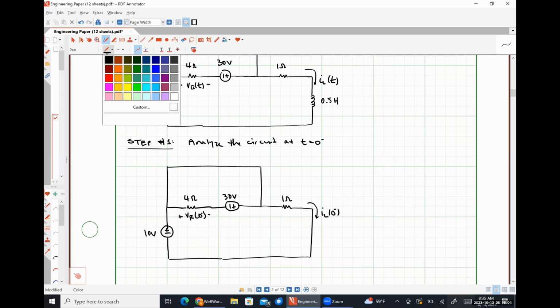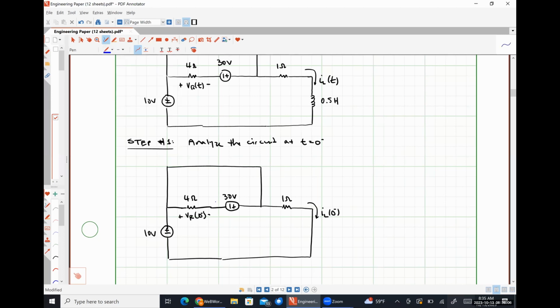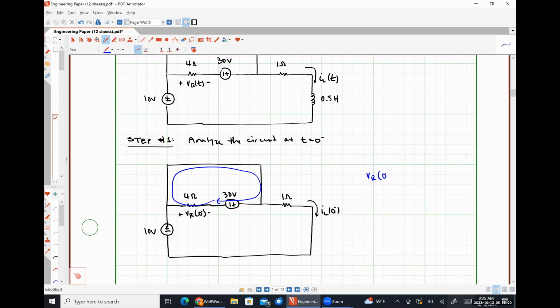If we were to do Kirchhoff's voltage law around this loop, we would see that VR minus 30 volts is equal to 0, which means VR has to be equal to negative 30 volts. Are we okay with that? Anybody got beef?